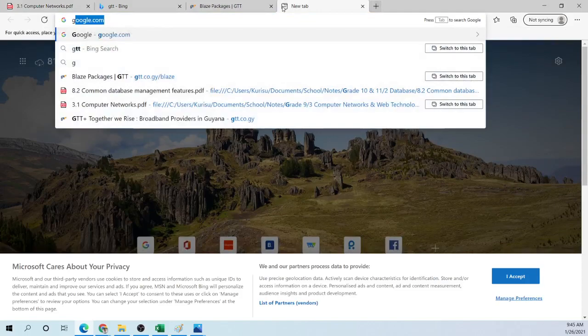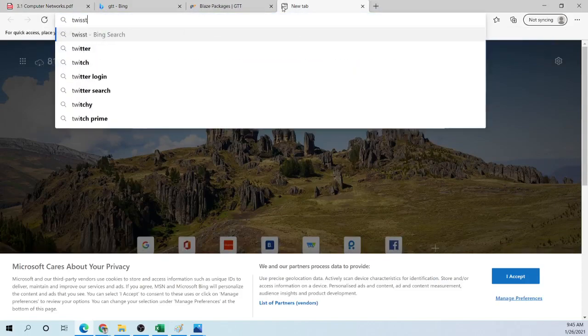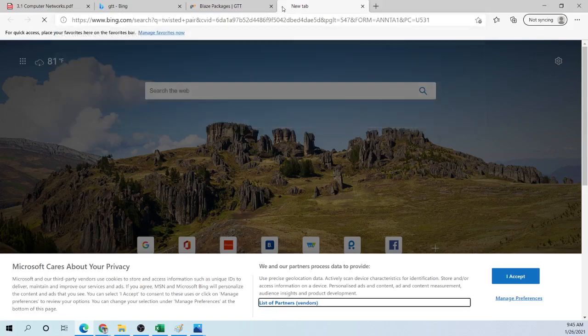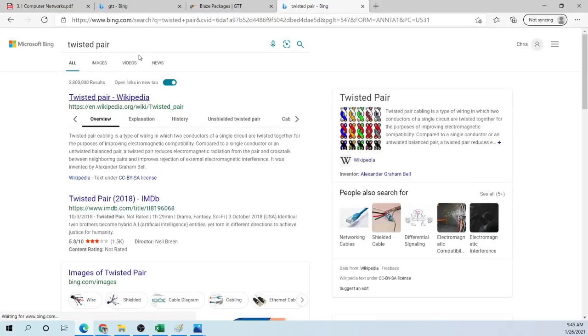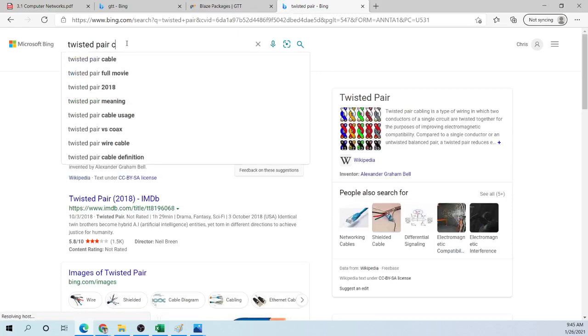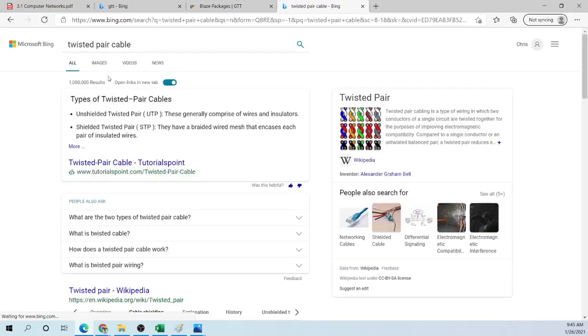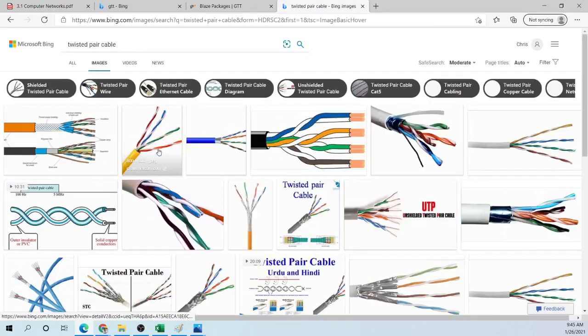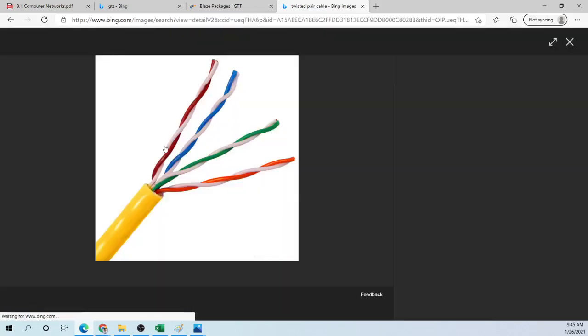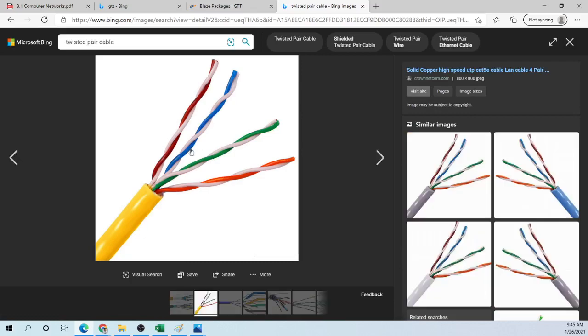So let me find another image again. Twisted pair. So the reason why they are called twisted pair is because they are a pair of wires that are twisted. A pair of copper wires that are twisted together.